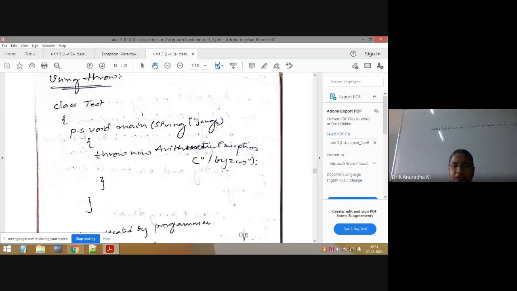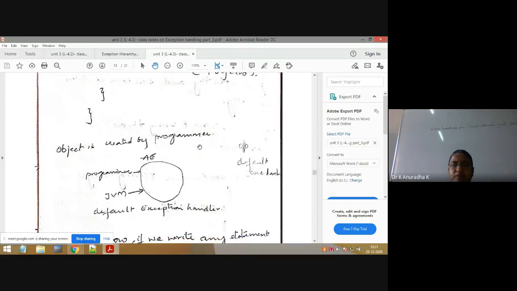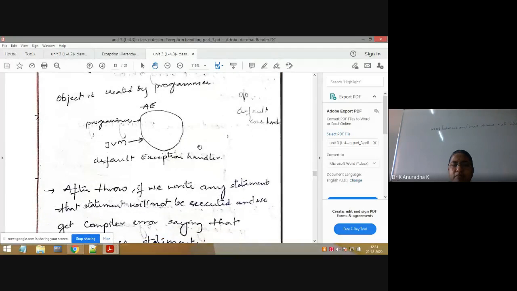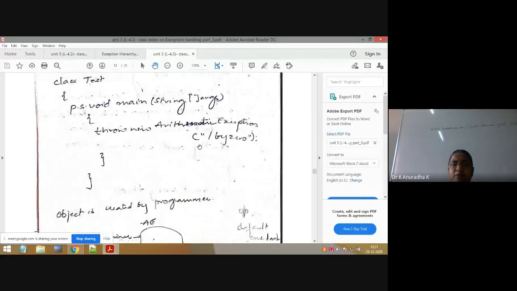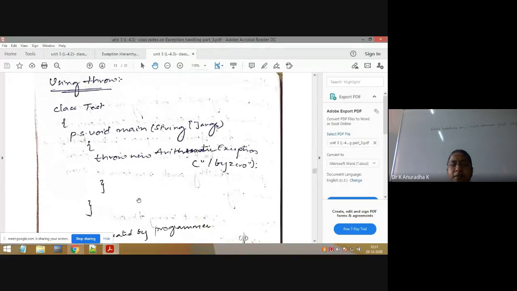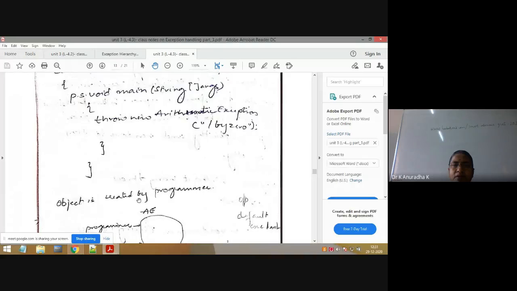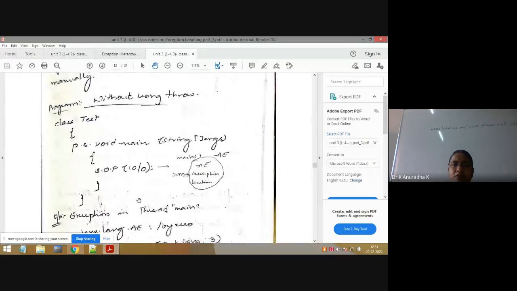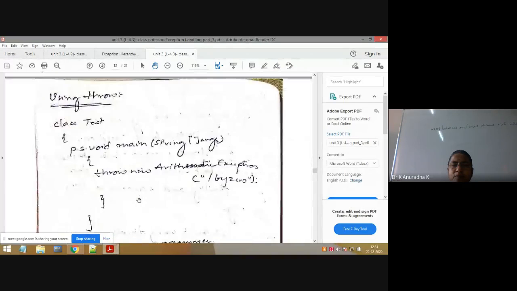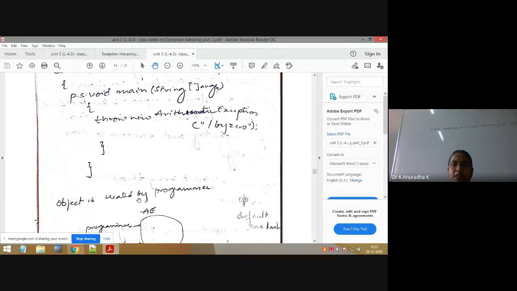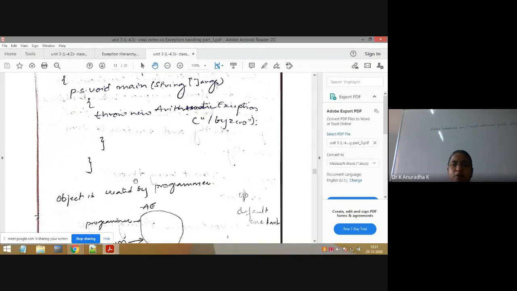Even though it is an error, you will get the same output, because it is the default exception handling procedure only. The only difference is who is creating the object and who is handing it over to the JVM. In the previous program, the main method is creating it and handing it to the JVM. Here, the programmer is creating the object using the throw keyword and handing it to the JVM. That's it.